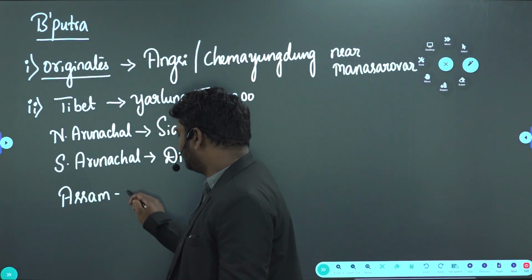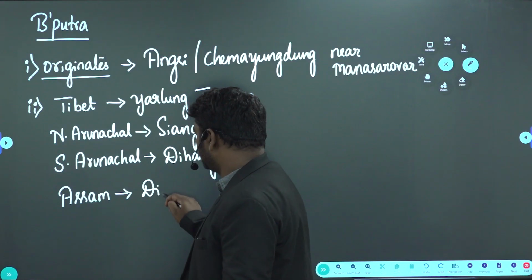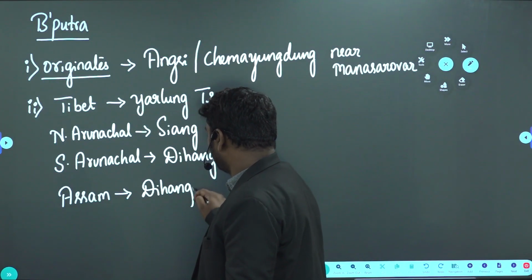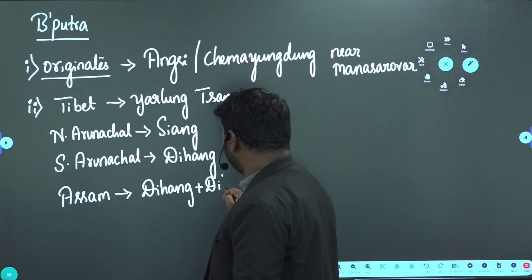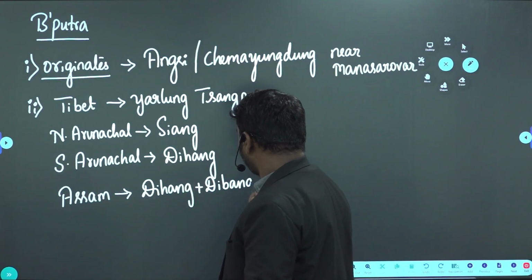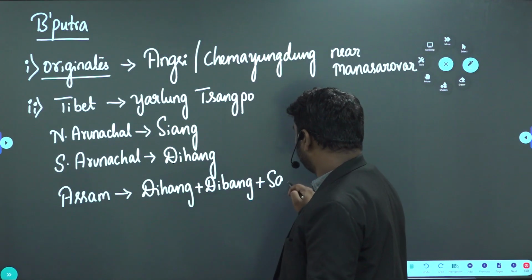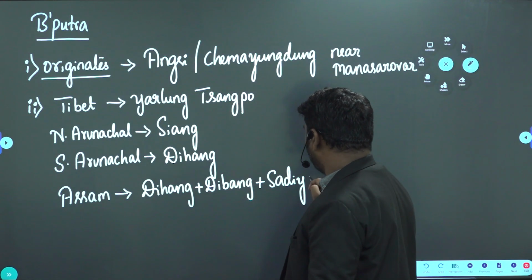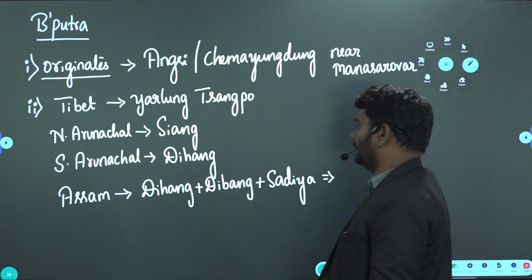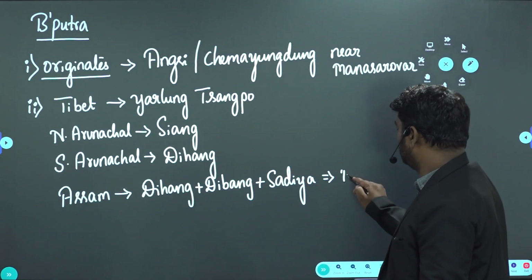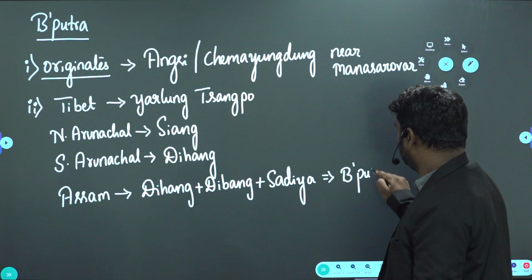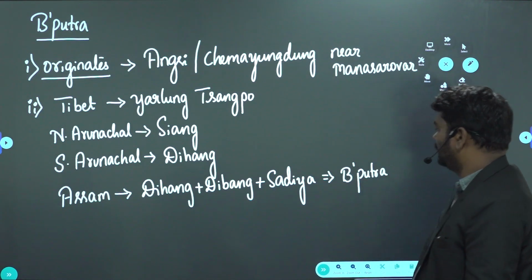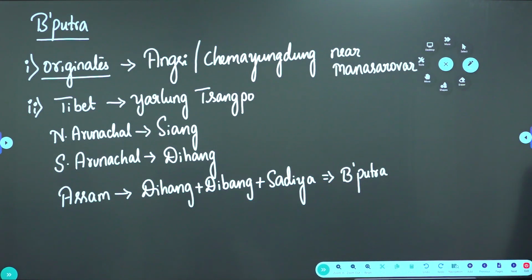In Assam, Dihang, Dibang and Lohit will form Brahmaputra.